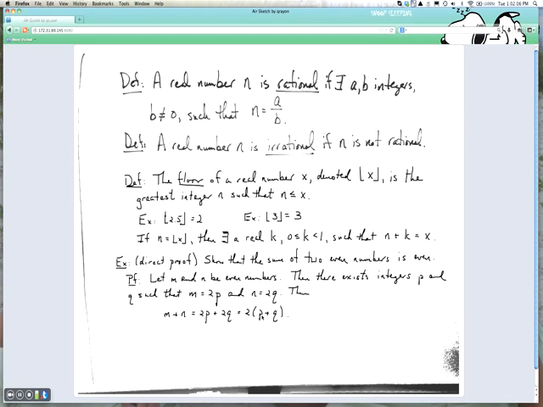Right? And since an integer plus an integer is an integer, then that's an integer times 2, which means m plus n must be an even number.